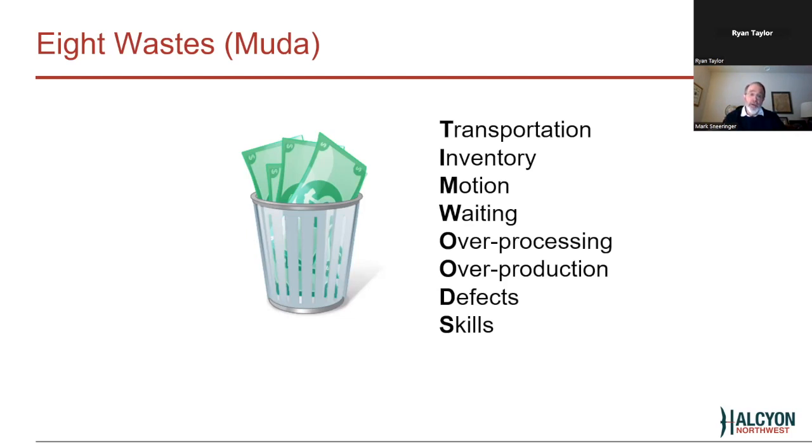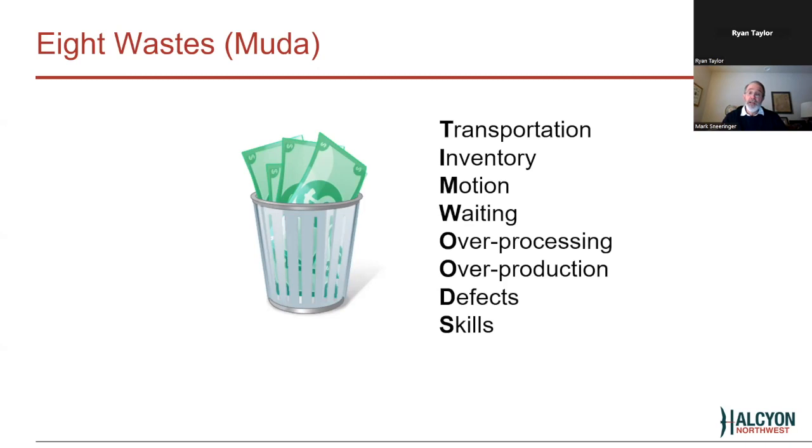The W in Tim Woods is waiting, and that's usually caused by a slow step in a process, sort of backing up the process. So the things downstream from that, or the people downstream from that, end up waiting for the product to get to them.